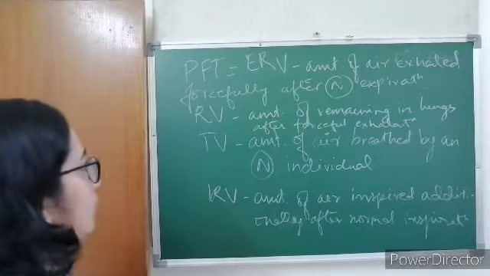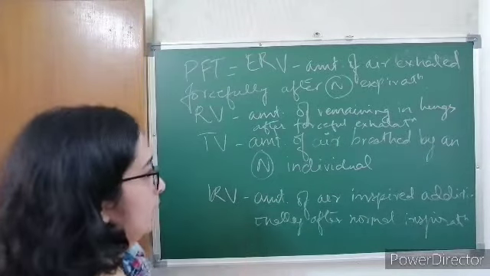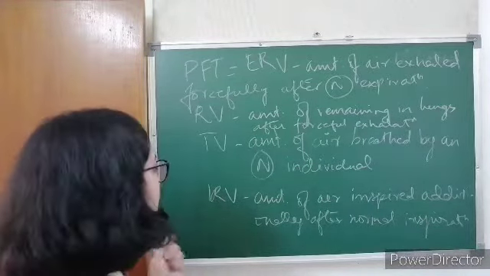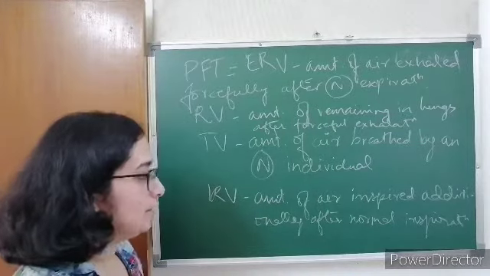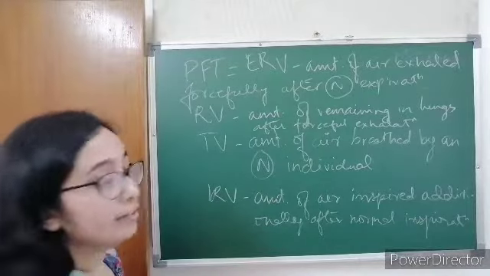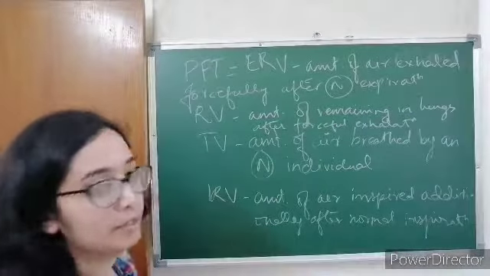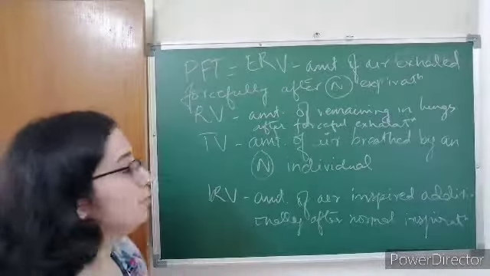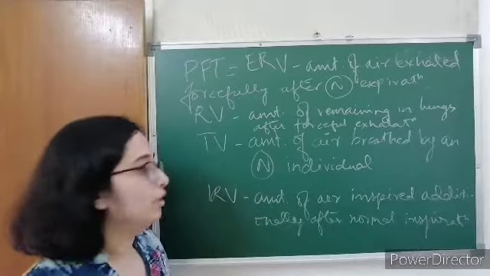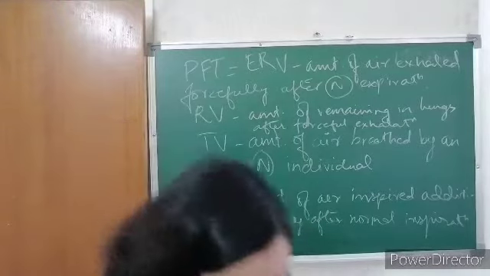Okay, so tidal volume, amount of air breathed in by an individual in normal respiration. IRV is amount of air inspired additionally after a normal inspiration. ERV is amount of air exhaled forcefully after a normal expiration. And RV is amount of air remaining in the lungs even after a forceful expiration. Now we will come to the lung capacities.